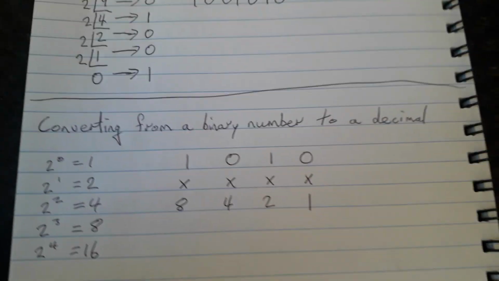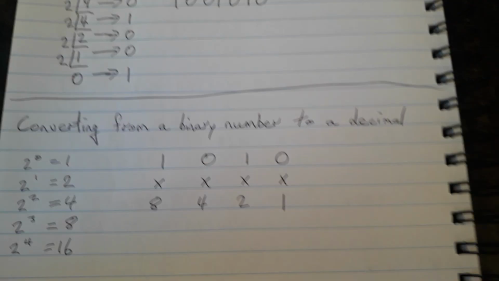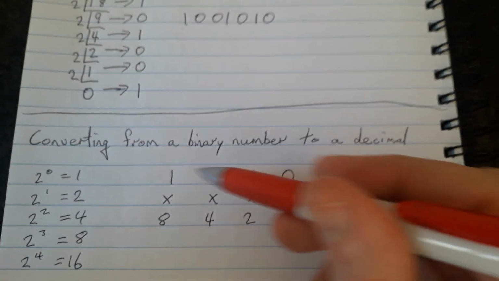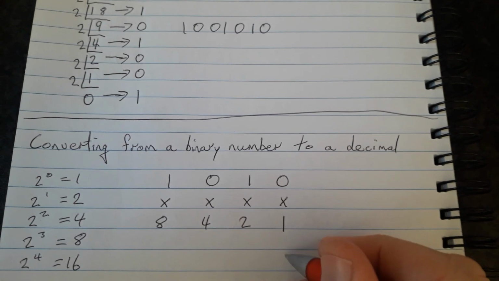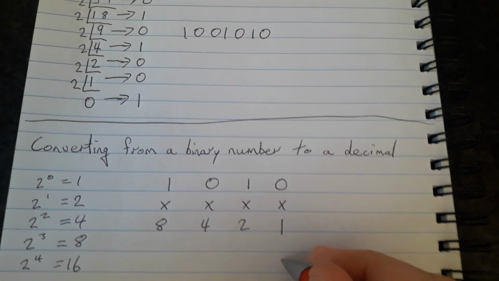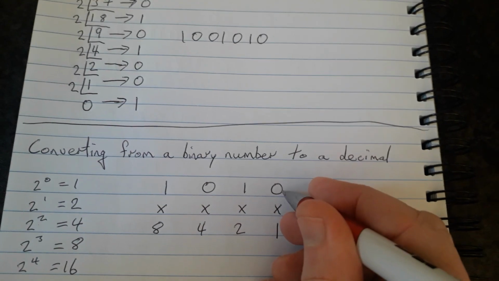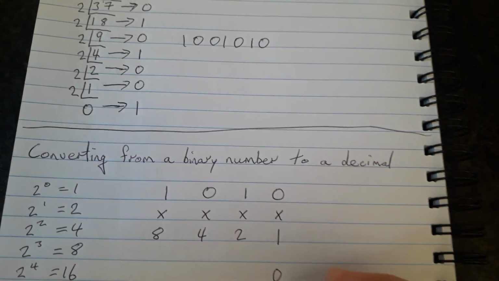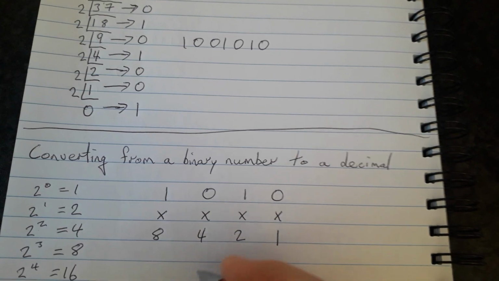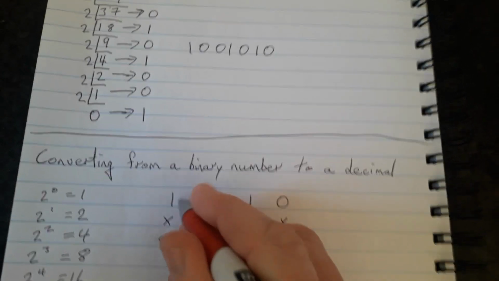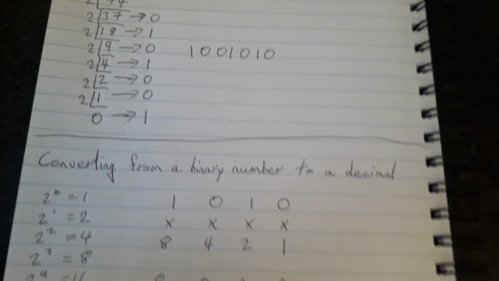Okay. So next step is we're going to multiply each of the digits in the binary number by each of these powers of 2, and we're going to write our answer down here. I'm going to skip a line and write my answer down here. So 1 times 0 is 0, 2 times 1 is 2, 4 times 0 is 0, 8 times 1 is 8.